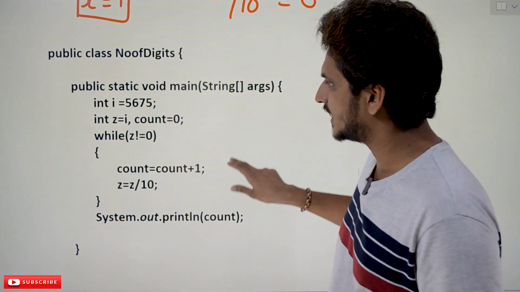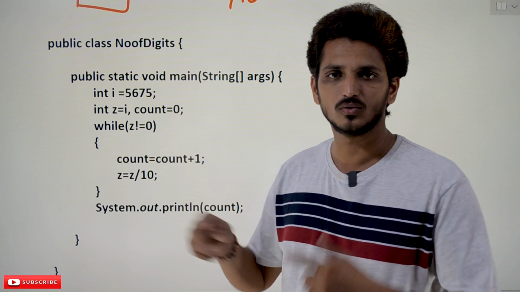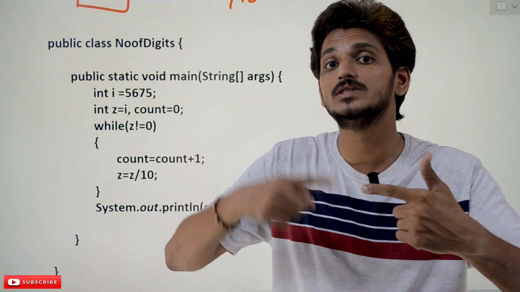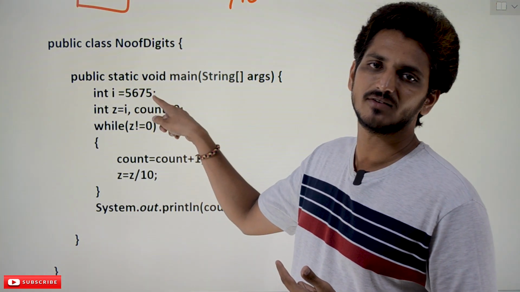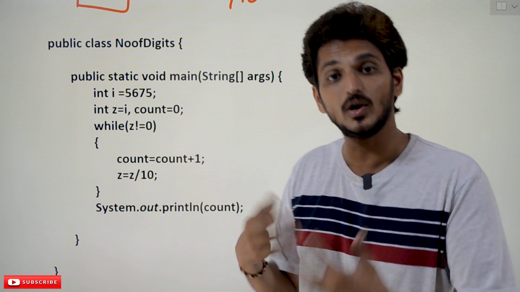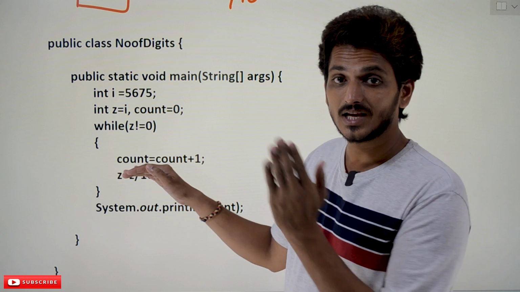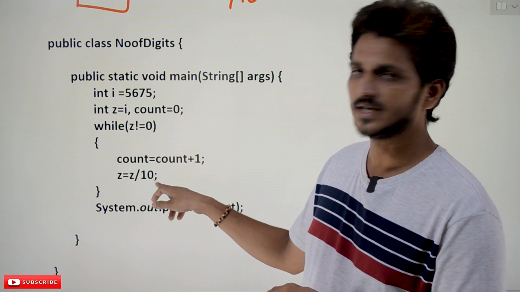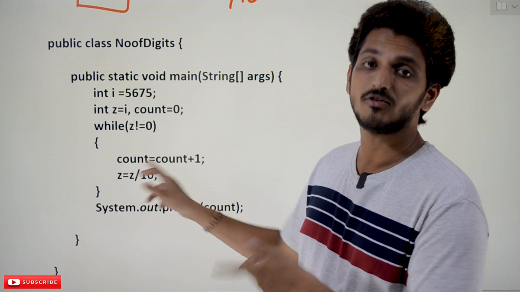And coming to the logic part, while z not equal to 0. So the loop should be executed until the z value is 0. Initially the z variable is 5675. 5675 is not equal to 0, so go inside the loop. What do we have to do inside the loop? When we go inside the loop, we are taking out one digit, which means we divide the z value by 10. z is equal to z by 10. 5675 divided by 10 means 567.